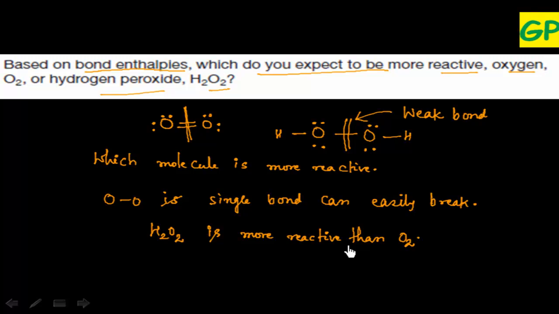Further, we said a single bond is less stable than a double bond, and correspondingly the triple bond will have the highest bond enthalpy compared to a single or double bond. And finally we said bond enthalpy can be used to decide whether a molecule is less reactive or more reactive.